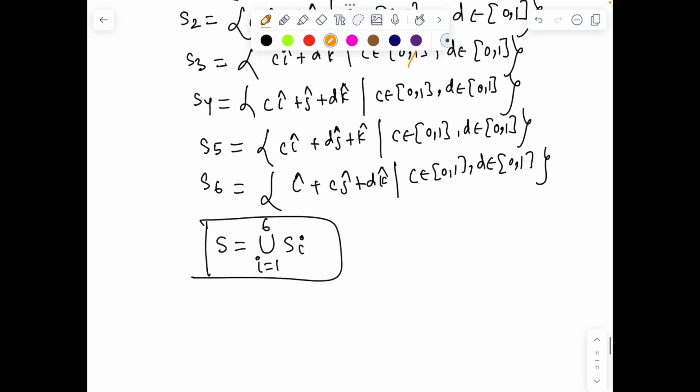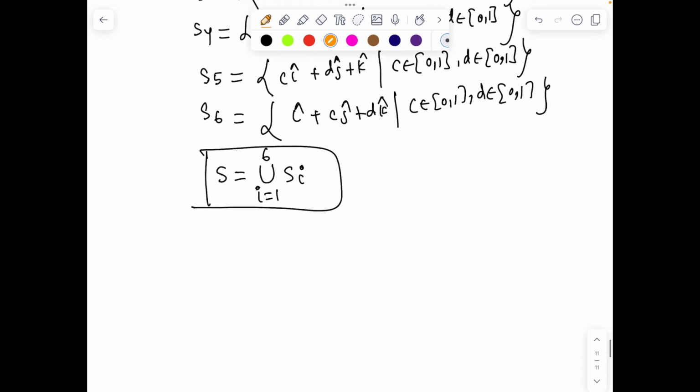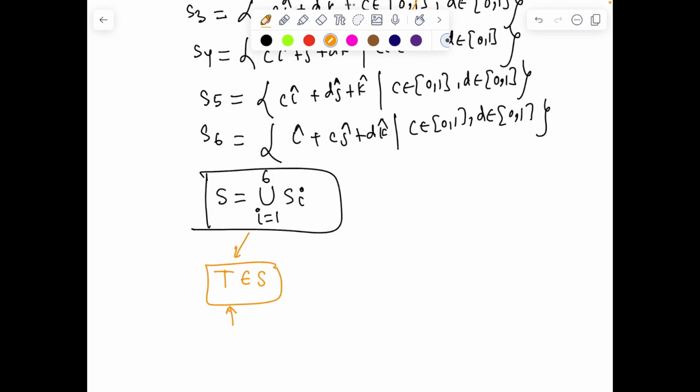Now suppose 2 points are selected, or 2 vectors are selected from this set. So let's say we have T belonging to S. This is a set of all vectors which belong to this.